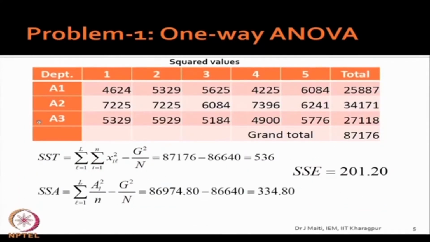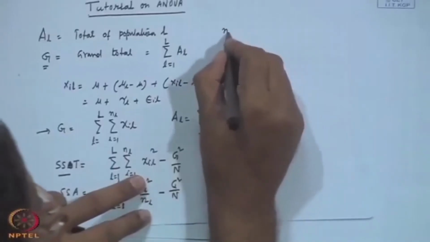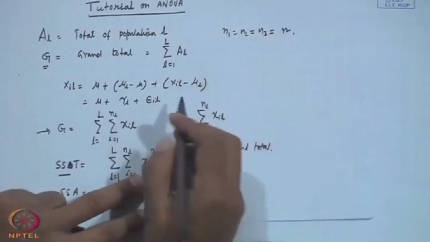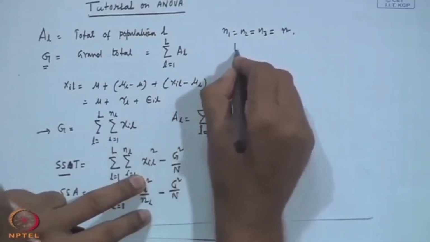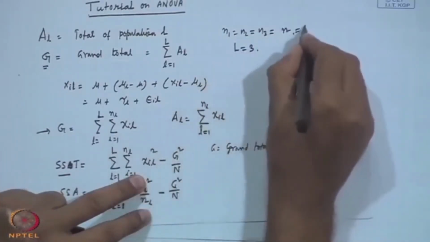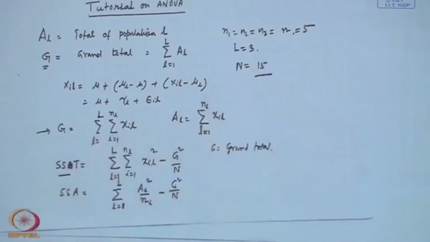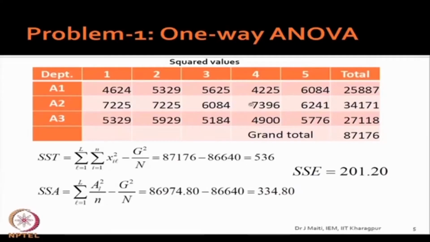N is the sum of NL over L. Here N1 equal to N2 equal to N3 equal to 5, and L equal to 3, so capital N will be 15.